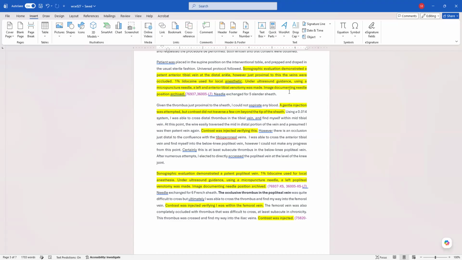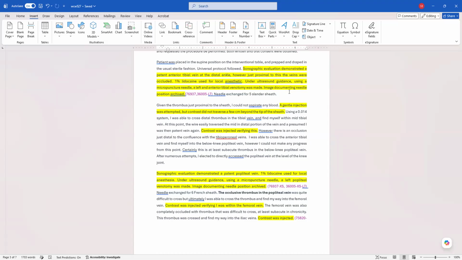So that means it's a 36005 all the way up the extremity until you get to the IVC, or you would have to come off of that main path going up the extremity and take a selective vessel, off to the right or off to the left. So this actually stays a 36005 because this is non-selective up to the level of the IVC. So you're not using 36011, you're not using 36012 going up the extremity.